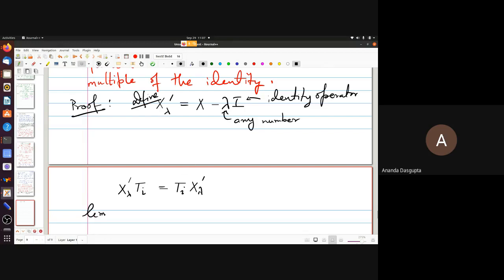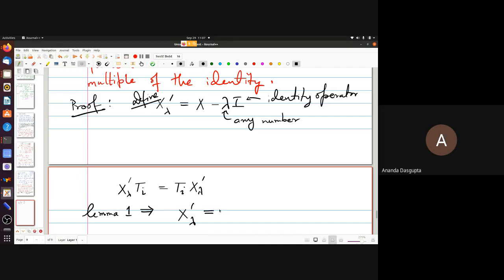So lemma 1 implies, what does it tell you about x prime lambda? This is lemma 2, of course, but lemma 1 we have already proven.